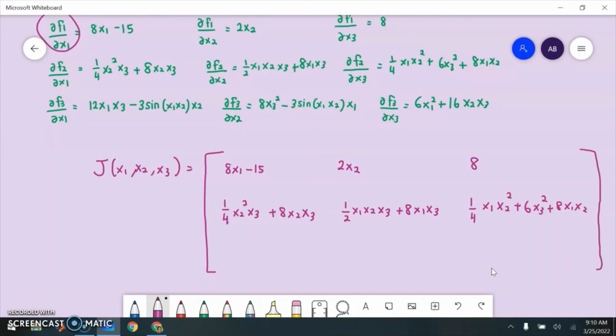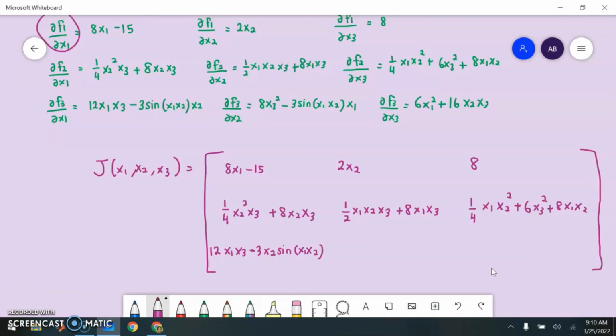Okay, now lastly we have the third function. I have 12 x1 x3 minus 3, I'm going to write x2 in the front, sine x1 x2. Okay, I should have adjusted so that there's a space here. So I'm just going to write it slightly smaller because it's a matrix, so you have to be careful. 12 x1 x3 minus 3x2 sine x1 x2.